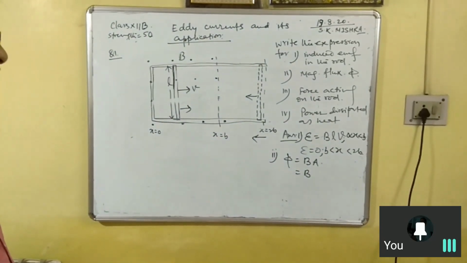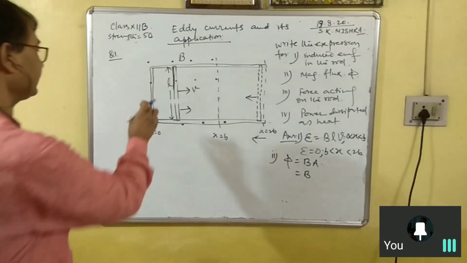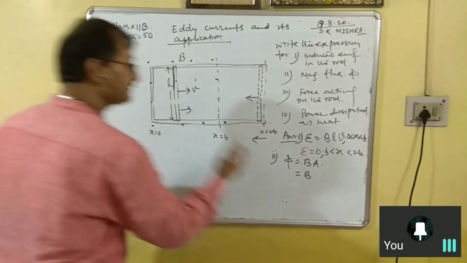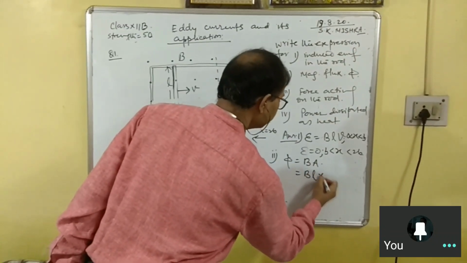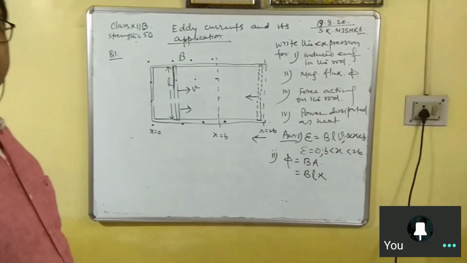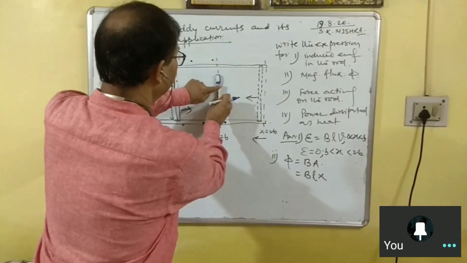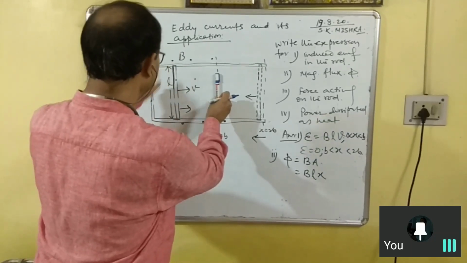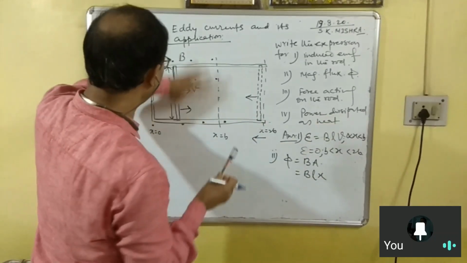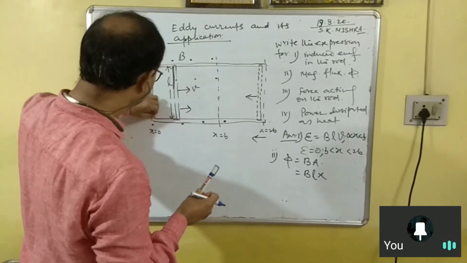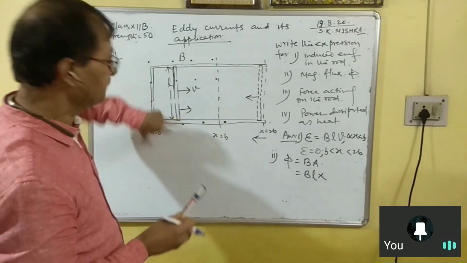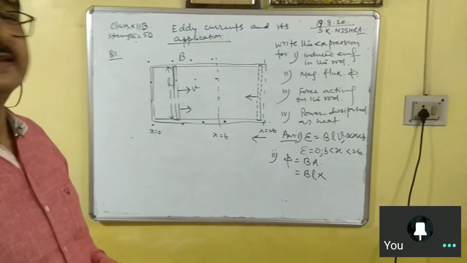The magnetic flux is increasing, not constant. So it is BLx. If I ask you what is the magnetic flux when the rod is at this position, your answer will be BLb: B is the magnetic field, and L into this length b, so BLb is the magnetic flux.